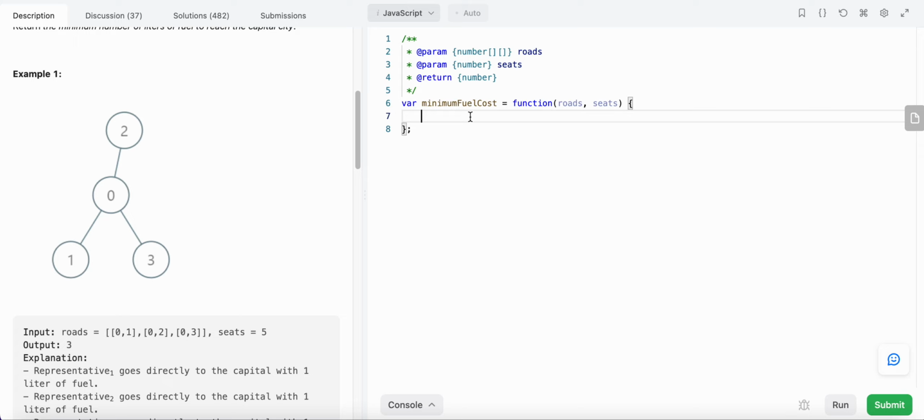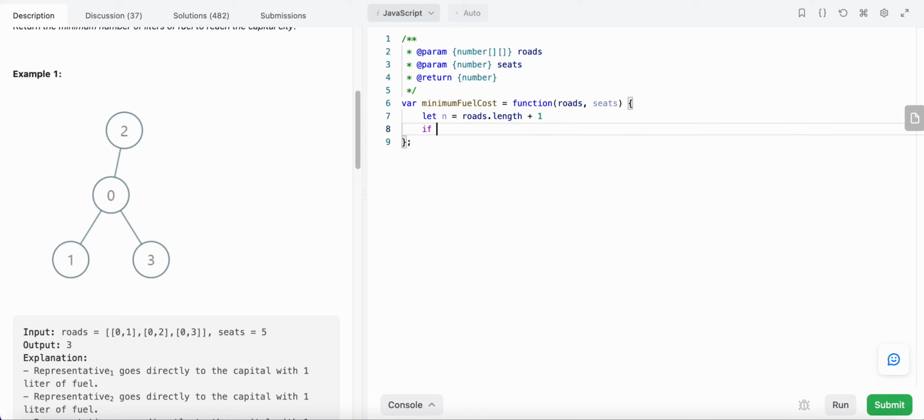So that is why the number of nodes would be roads.length plus 1, because there are only n minus 1 connections, right? So n minus 1 connections plus 1 would be equal to n here.